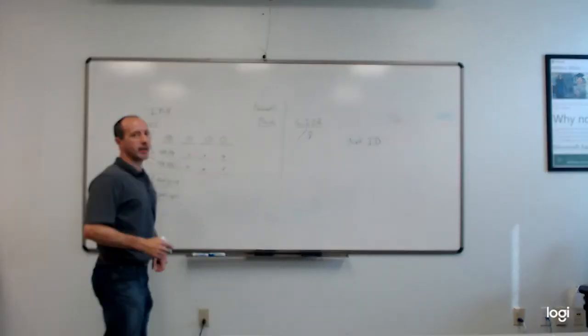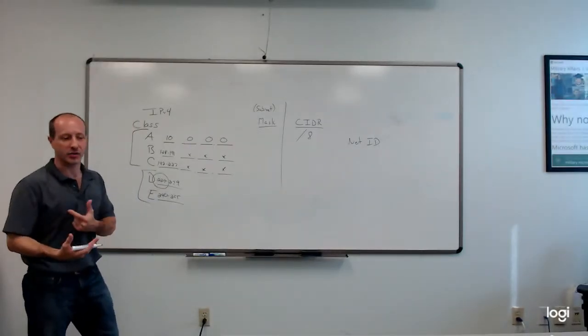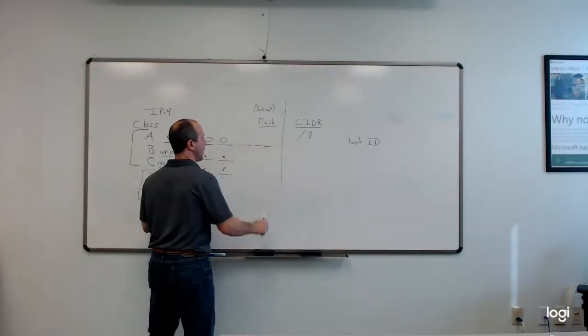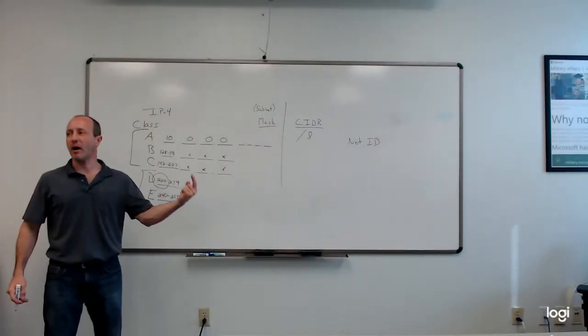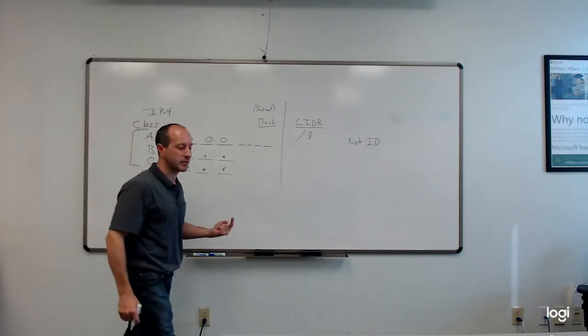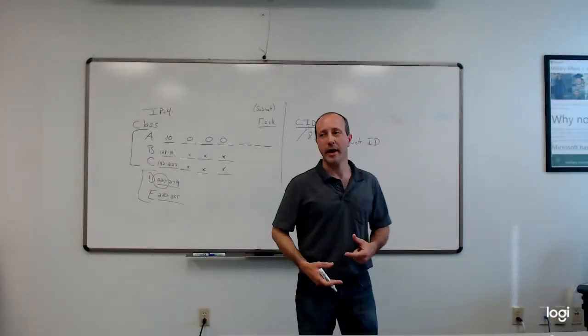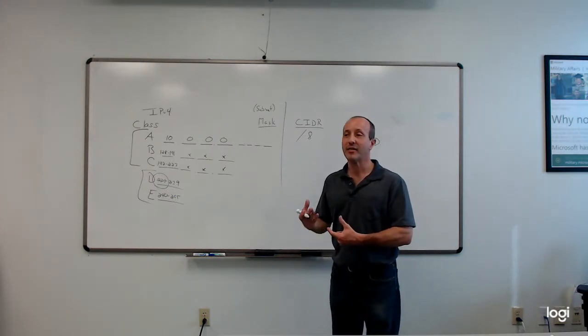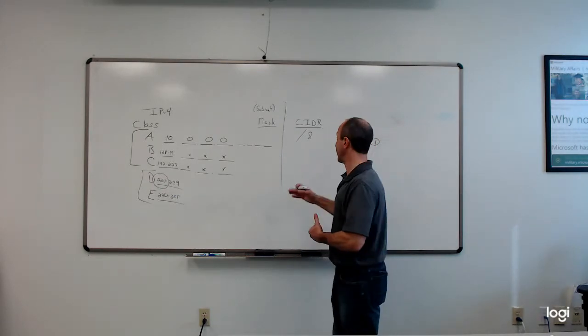It means that there's going to be an IP address, and then there's going to be a mask. There's going to be another section of dotted decimal information that's going to follow the IP address. And that mask is going to tell you how many bits are on related to the network ID.